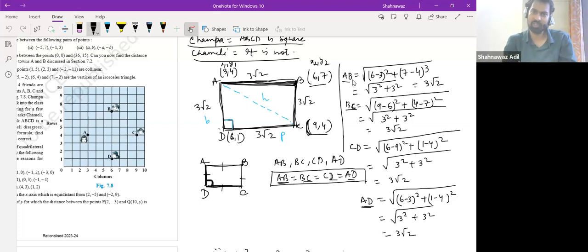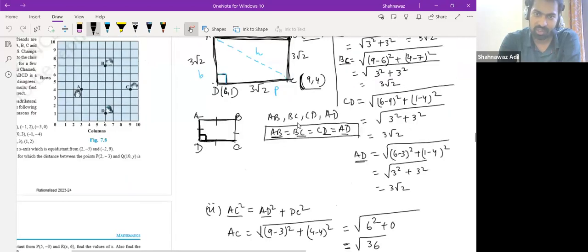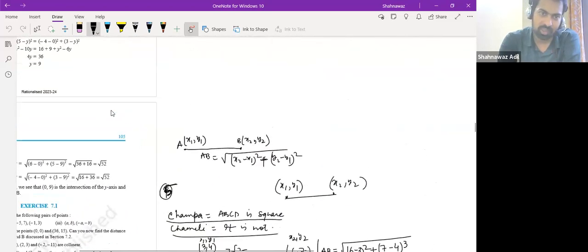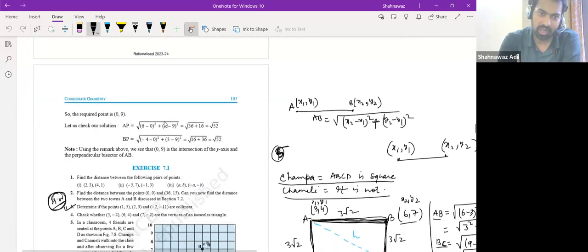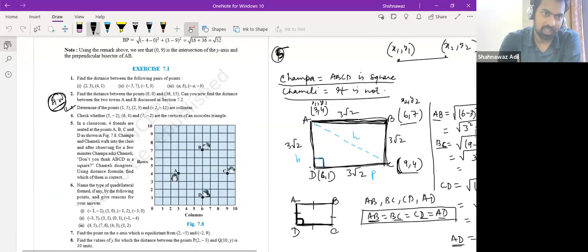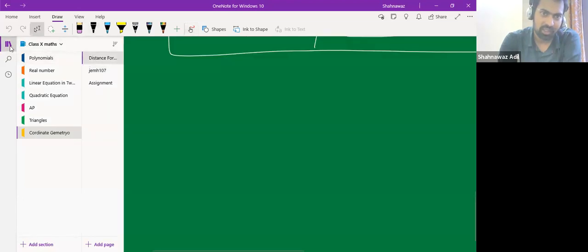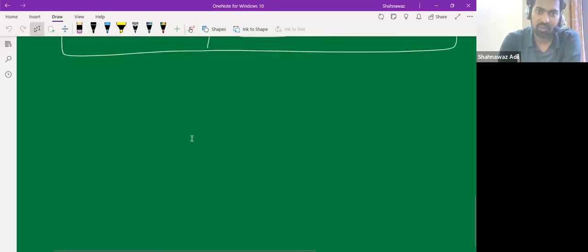Let me explain this to you. Whenever we have two coordinate points, what should we do? Amar and Rizwan, please bear with me. Let me take 5 minutes of your time and discuss what we did.